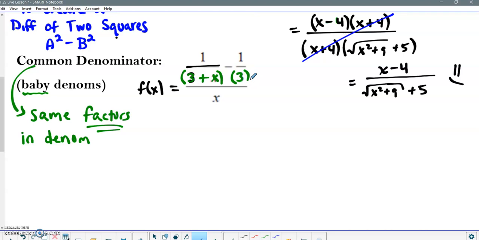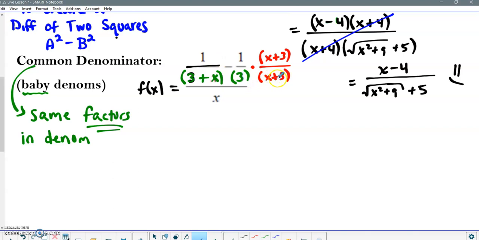Those are not the same, because one of them has an x in it and one of them doesn't. And you can't just multiply by x, because then there'd be 3x instead of x plus 3. So what we have to do here is multiply this fraction on the right by the denominator of the other fraction. And I am going to rewrite it as x plus 3, because that just looks nicer to me.